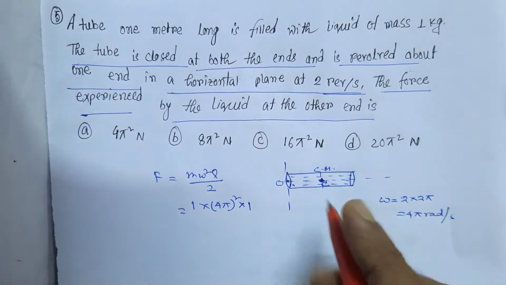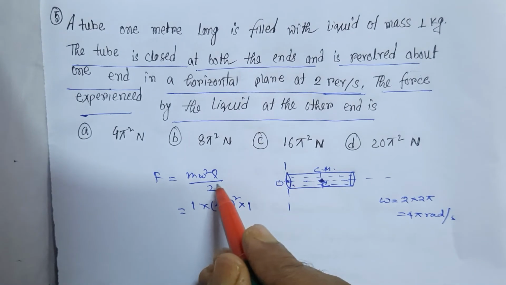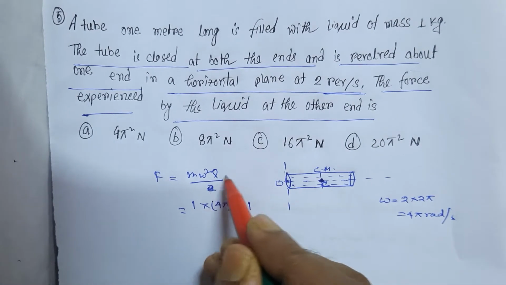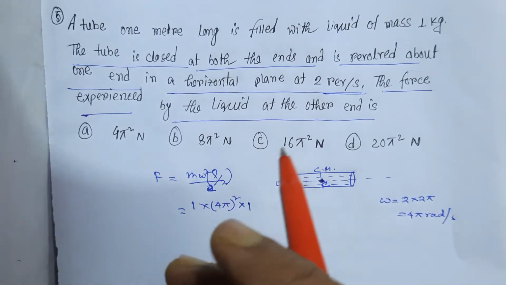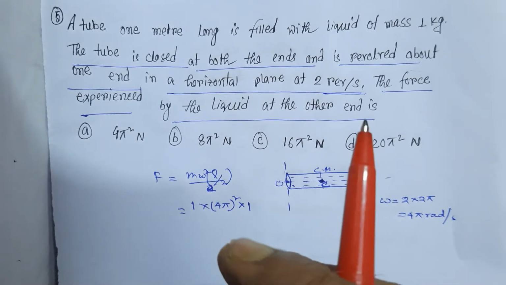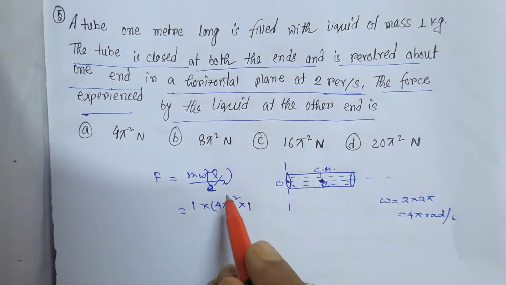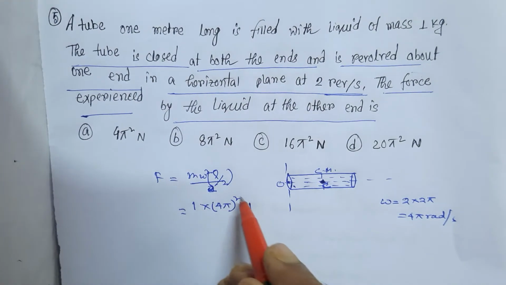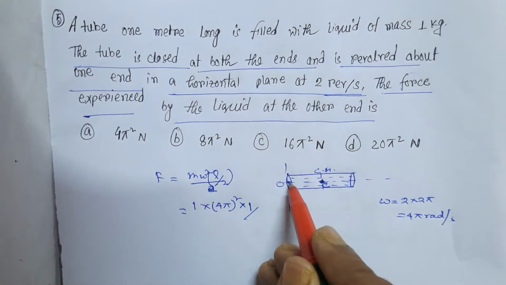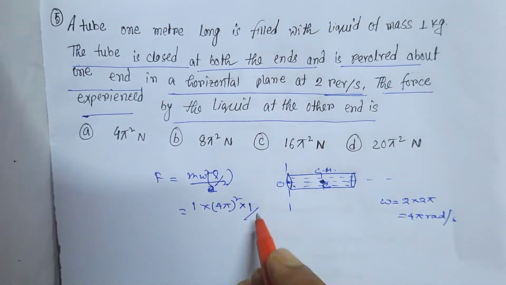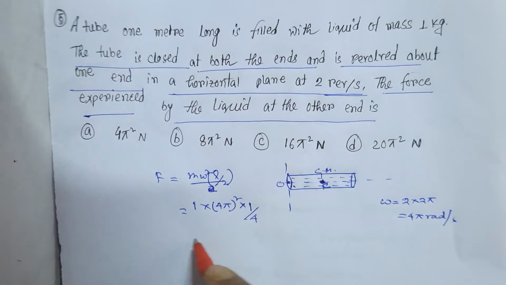So m omega square into L by 2, that is m omega square into r. So r is actually L by 2. Here L is 1, so r is half.